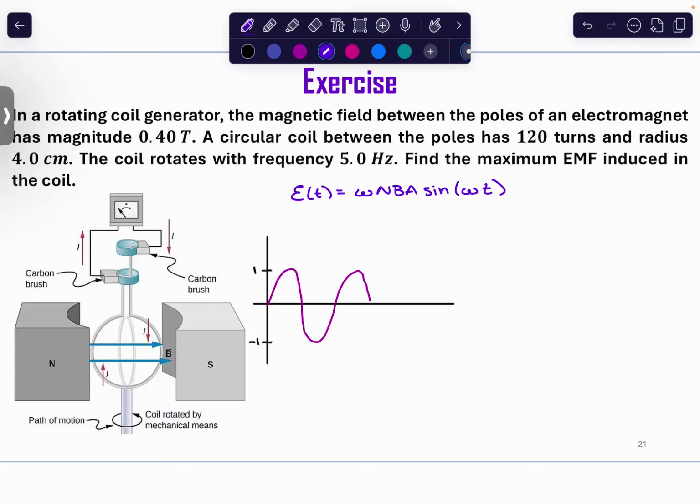The peaks. So your amplitude. And at your amplitude, what is the sine function equal? Yeah, so somebody over here kind of mumbled it, but yeah, it's 1. So your sine function equals 1.